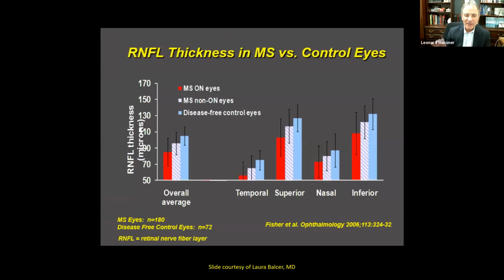But one of the significant aspects of this study is that even though the segmentation algorithms weren't great, there was nevertheless this noteworthy finding of thinning of the retinal nerve fiber layer in individuals with multiple sclerosis in the absence of optic neuritis. Not as much thinning as the cohort with optic neuritis, but nerve fiber layer thinning nevertheless.